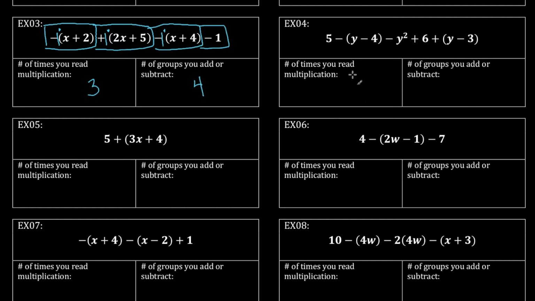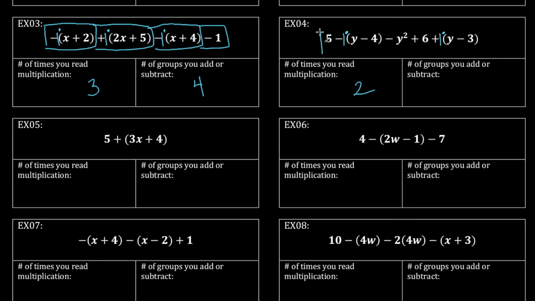Let's do it again. So I'm just going to go through and put all my ones first. Right there. So 5 minus 1 times y minus 4 minus y squared plus 6 plus 1 times y minus 3. So 2 multiplications.